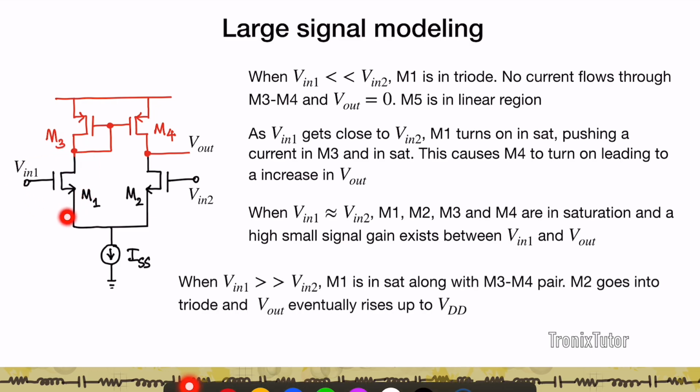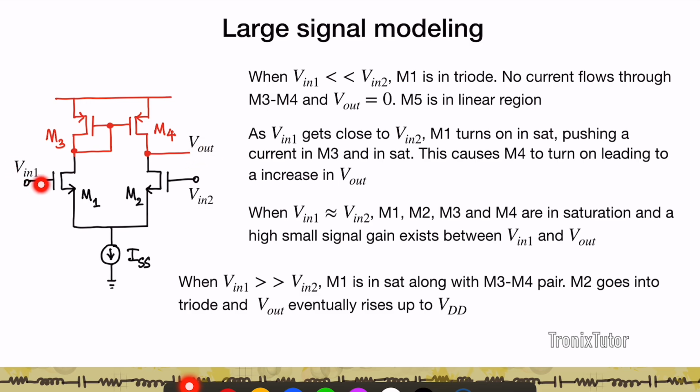When Vin1 becomes much larger than Vin2, M1 is in saturation, pushes M3 and M4 to conduct a lot of current. Therefore this Vout gets pulled up to VDD, pushing M2 into linear region, and hence very little current flows through M2. So Vout rises up to VDD.